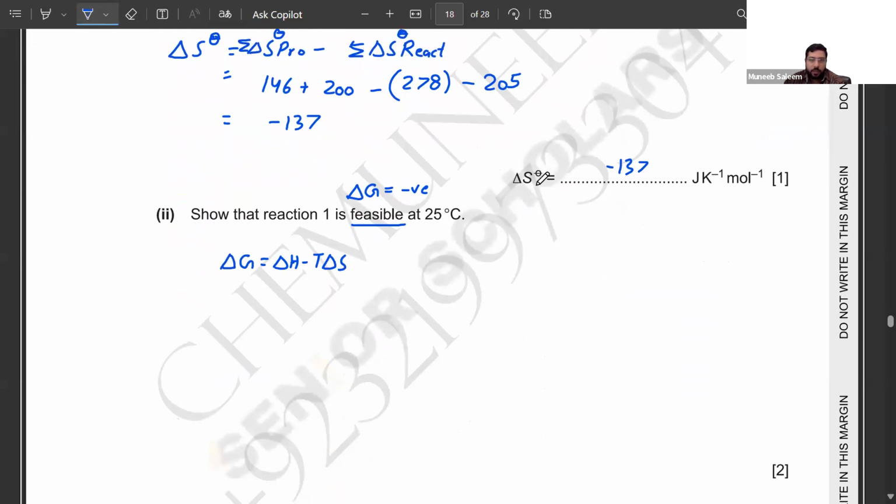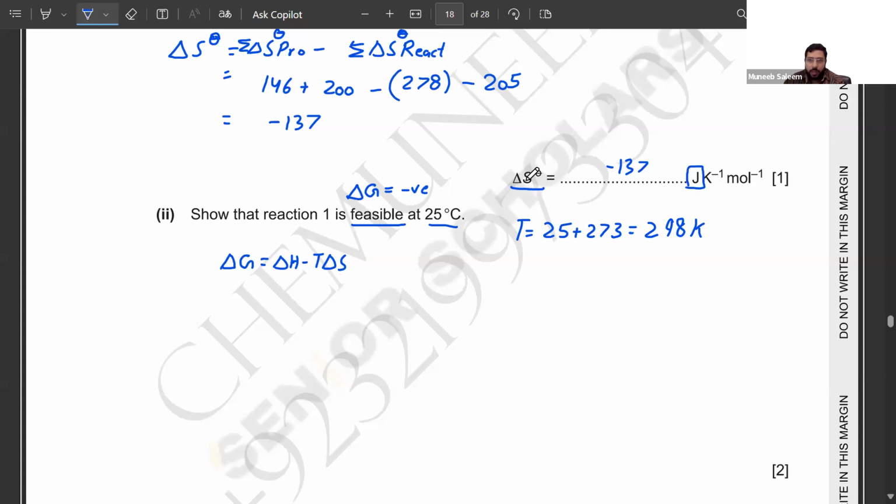Delta H is already provided, but T is the absolute temperature, which we have to calculate in Kelvin. So convert this centigrade into Kelvin: 25 plus 273 gives you 298 Kelvin. One more thing: delta S was previously calculated in joules.